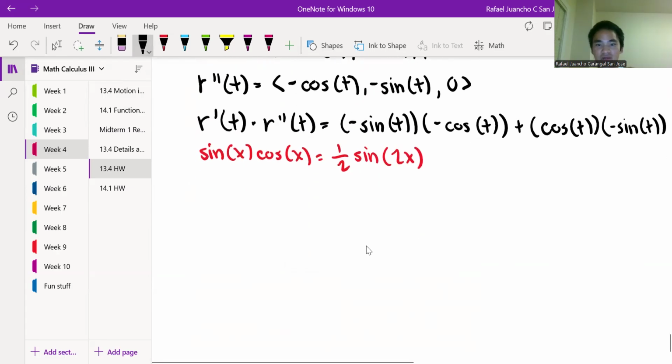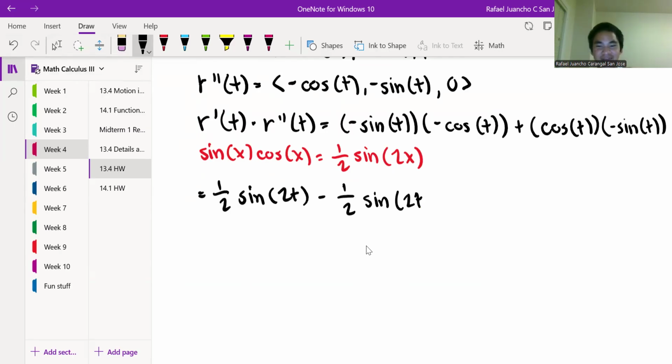So in this case, if I get negative sine and negative cosine, they just turn positive, so I get 1/2 sine of 2t. And here again, negative actually, so I make this one a negative. And if I get rid of those signs, I can just multiply cosine t and sine t, and I should get the same thing. So now I have a 0 for my dot product.